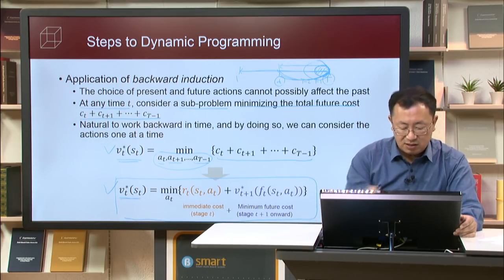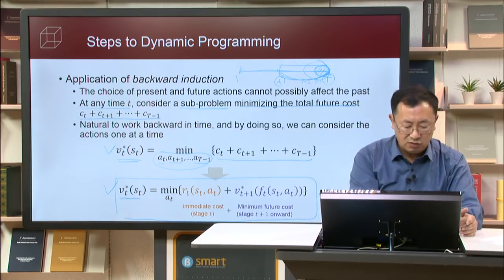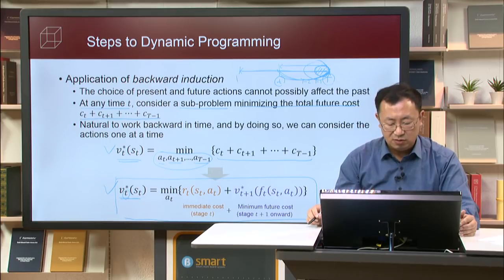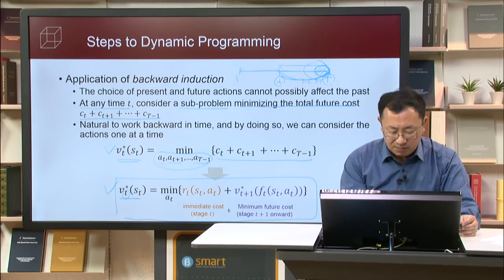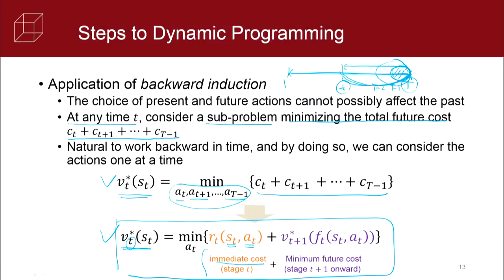So the total future cost from period t to the end is equal to the minimum value of the immediate cost at the current state st, if you choose at, plus the minimum future cost from stage t plus 1 to the end.